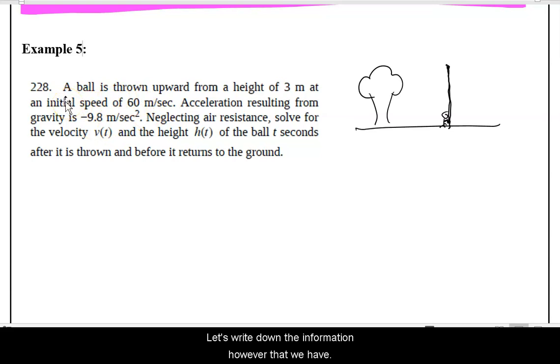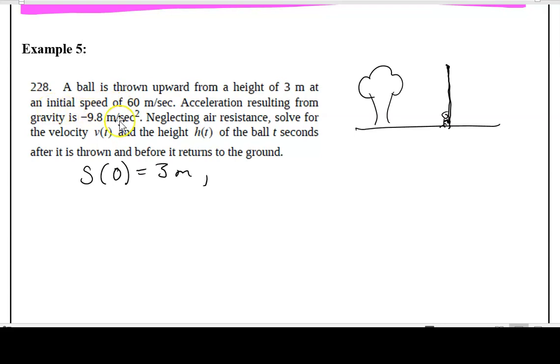Let's write down the information that we have. A ball is thrown upward, that's the positive direction, from a height of 3 meters. Okay, that's a really tall person. They must be on a ladder because that's over 9 feet tall. So that means that my initial position at time 0 is 3 meters. The ball goes up in the air with an initial speed of 60 meters per second.